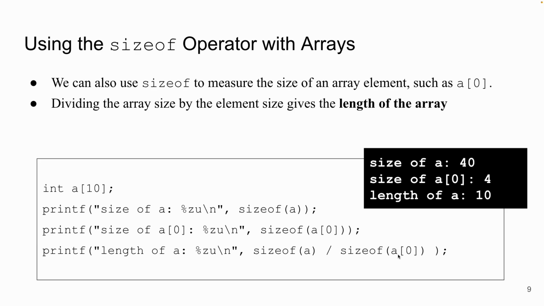This is very useful when we have a variable length array, or an array whose length we don't know, or if we want our programs to calculate the length of the array by themselves, instead of just writing down the exact numbers in our code.